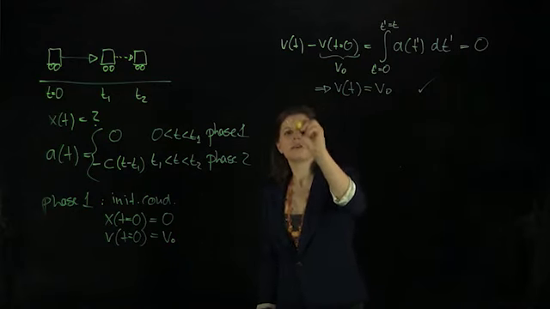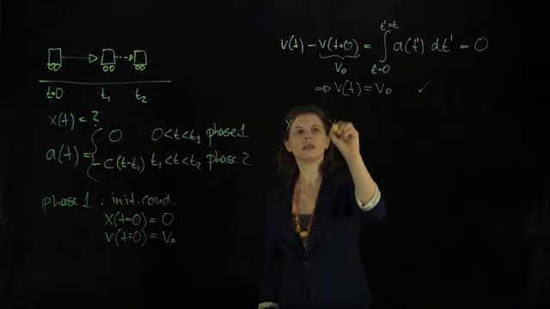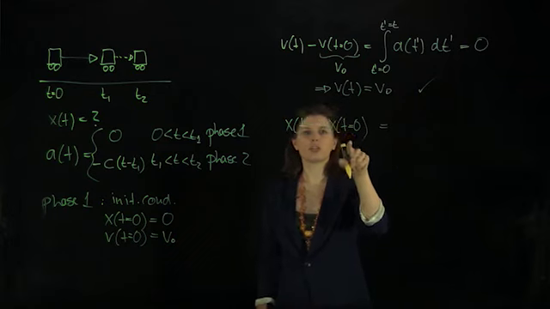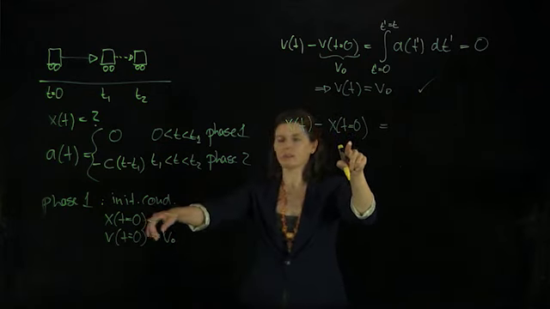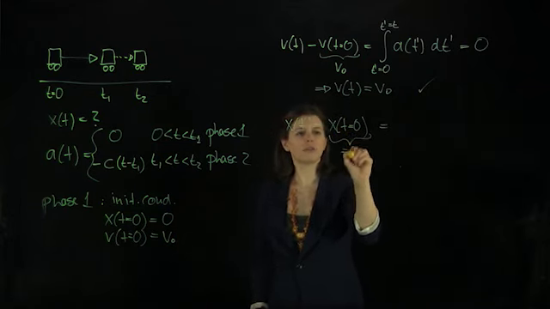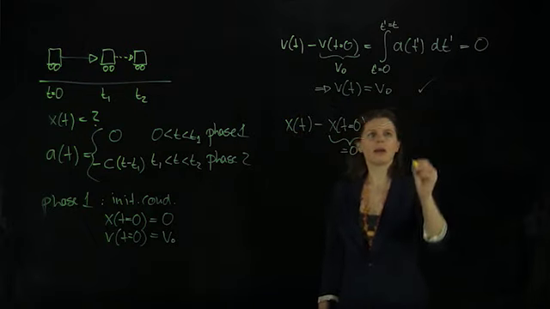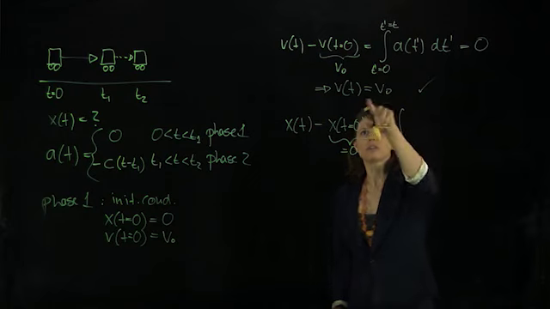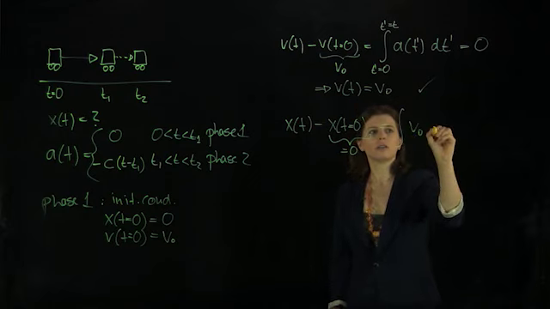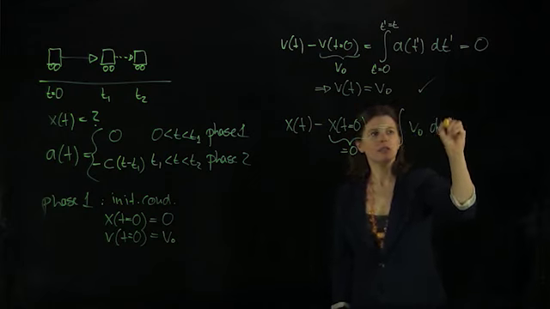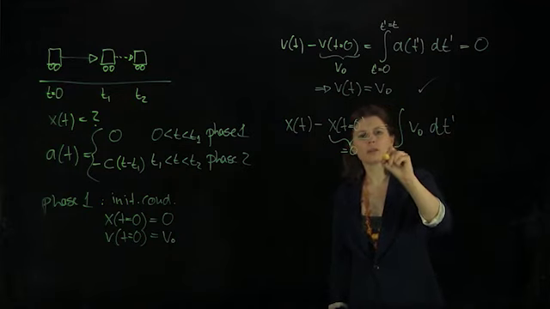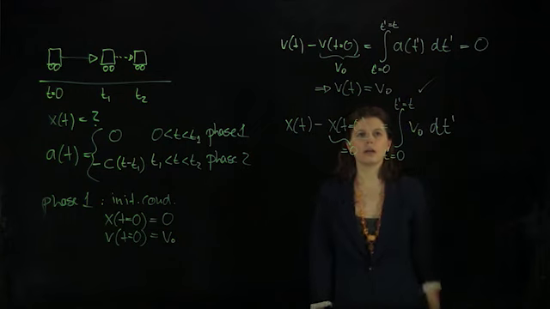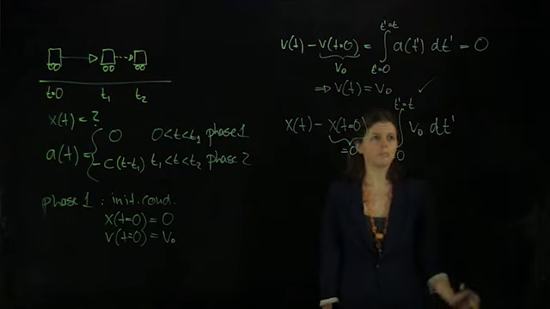Now we need to integrate this to get to our position function. Same thing again: x of t minus x of t equals 0. Let's quickly check what we know about x of t0. Well, it's 0 from the initial conditions. And now we have to integrate our velocity function here, v naught dt prime, from t prime equals 0 to t prime equals t. These are our boundaries.